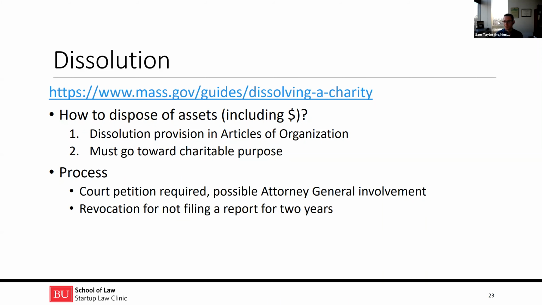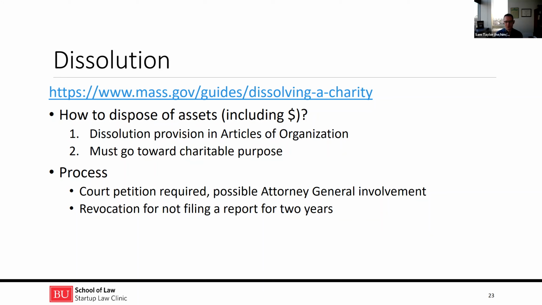First of all, if you have assets, so you've got money or actual property, whether it's physical, tangible property like hardware, or intellectual property, so intangible property, you do need to dispose of it. You can't just take it with you, because it was part of the nonprofit, it needs to stay in the charitable stream.